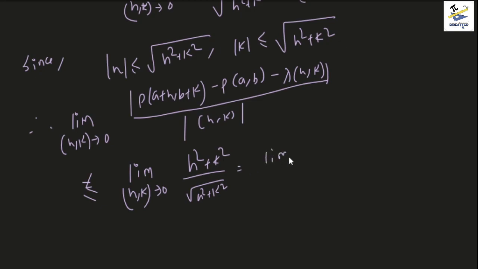This is equal to the limit as (h, k) goes to 0 of the square root of h squared plus k squared, which is undoubtedly 0, and it exists as well.